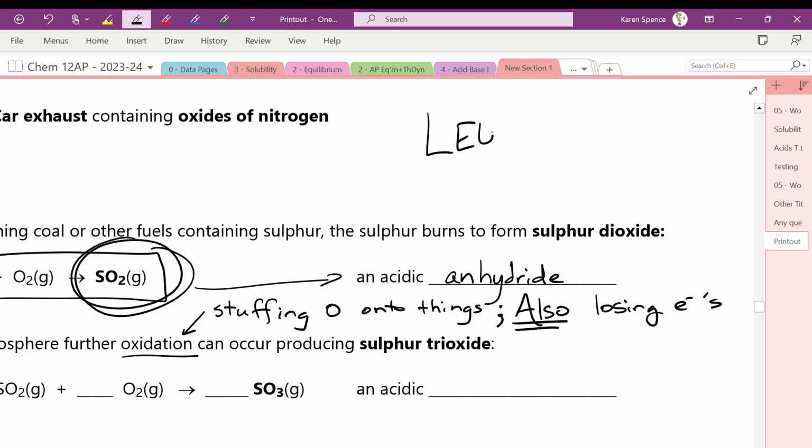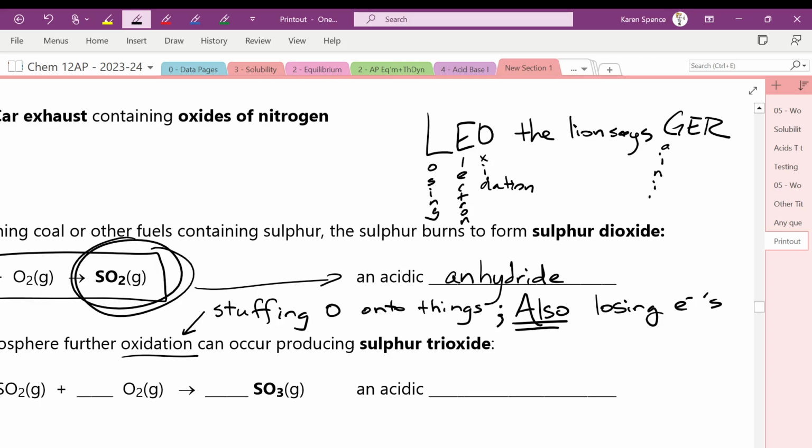LEO, the lion says, grr. Losing electrons is oxidation. What does the G stand for?